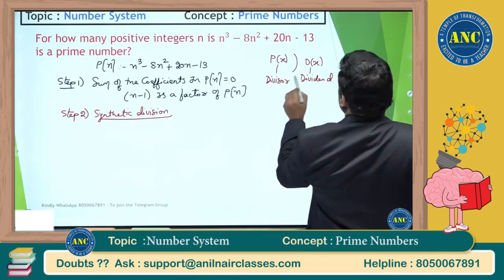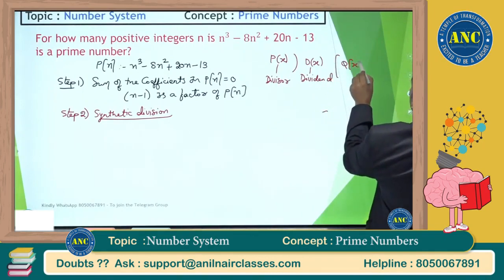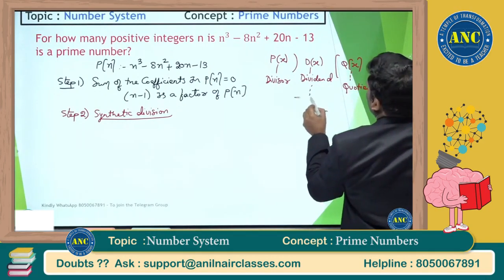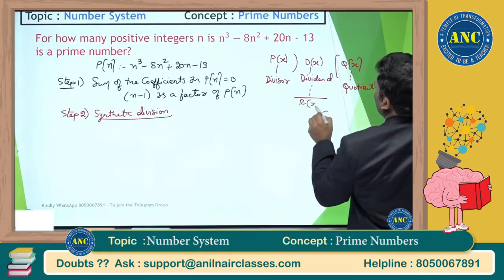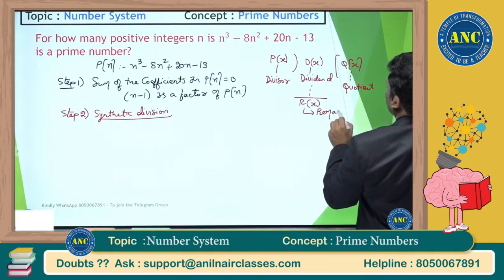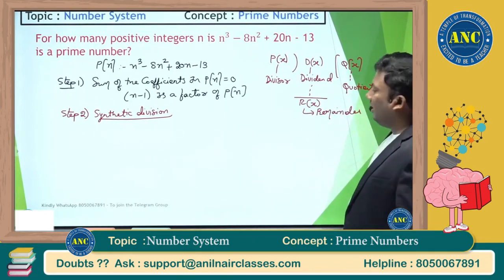It gets divided and gives q of x, the quotient. After dividing, you will get some remainder, that is the remainder, R of x. Dividend is equivalent to divisor into quotient plus remainder.